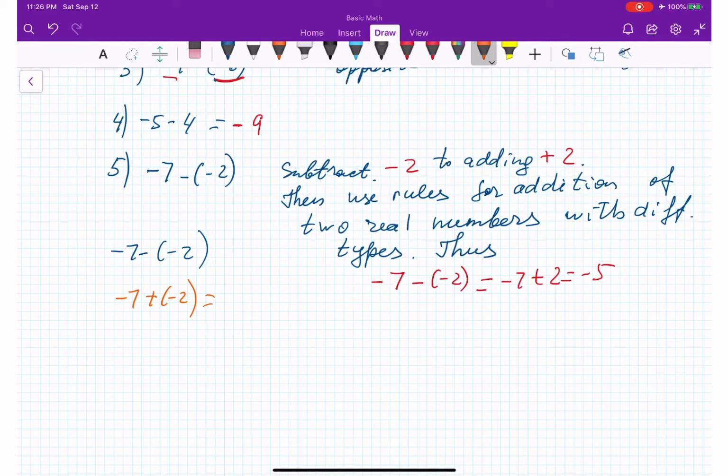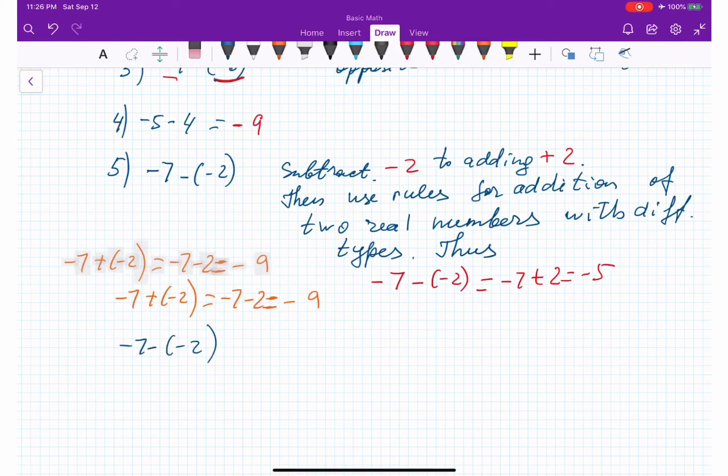You can drop this plus and write down -7, -2, and you get -9, right? Because when signs are the same, you are adding and use the sign they have, which is negative. A different story is when you have -7 minus -2.